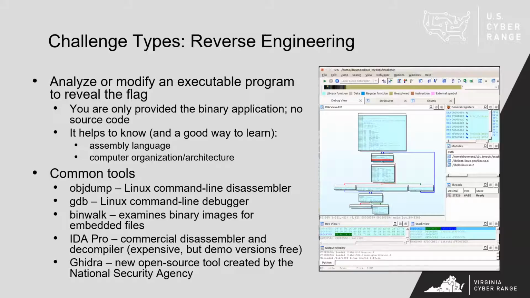So if you're not familiar with assembly language programming or with computer architecture, some of this can be a pretty heavy lift. You can imagine that some of these entry-level challenges don't require a background in assembly language programming or in computer organization or computer architecture. But as you advance through the more difficult challenges, it's good to have some familiarity with those things.